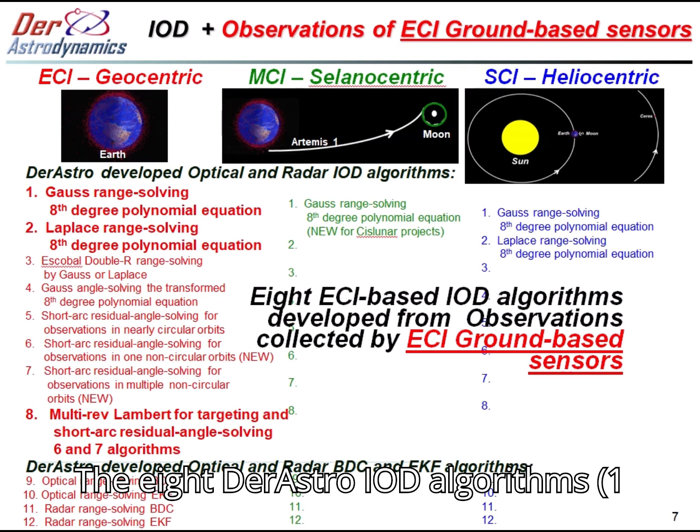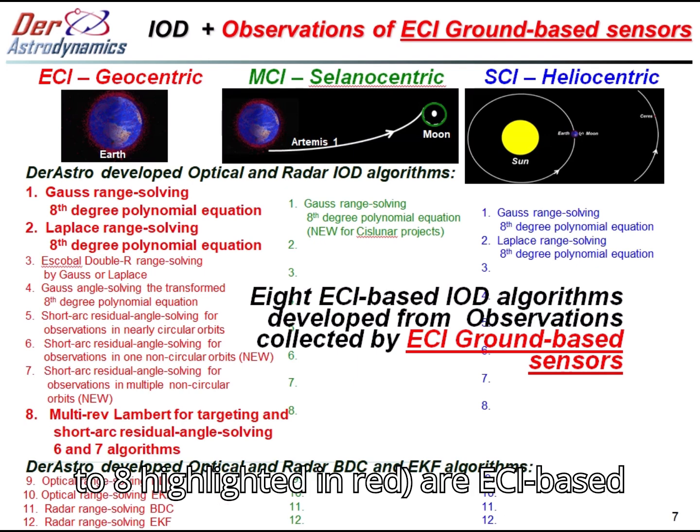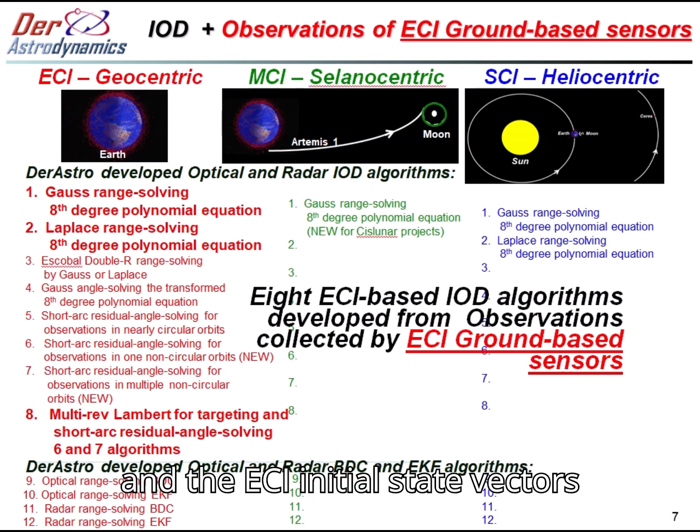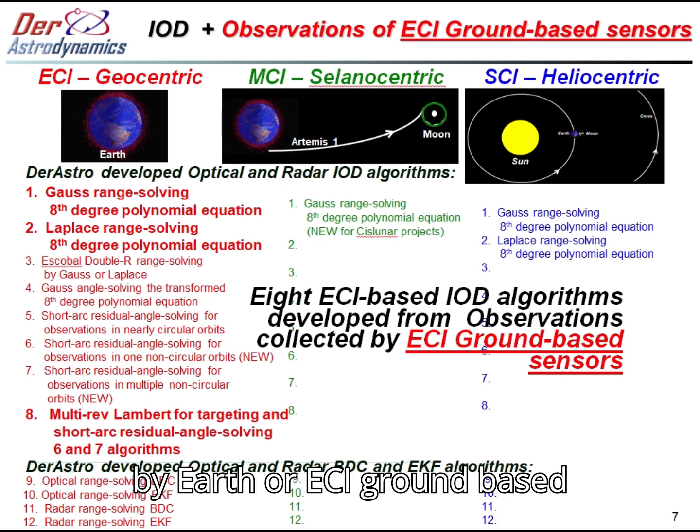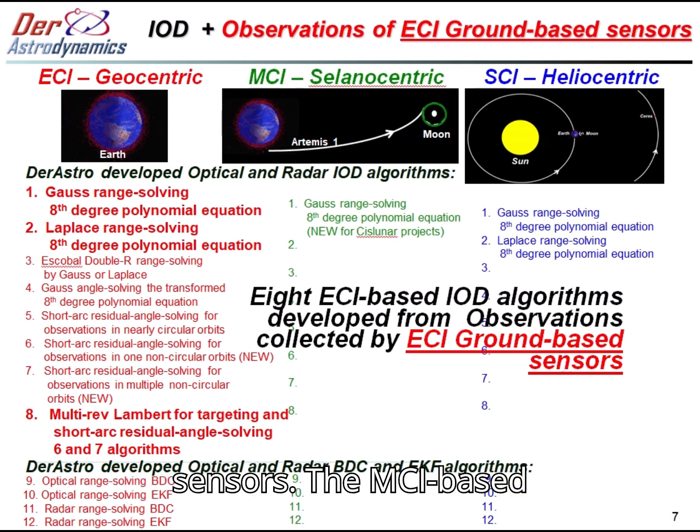The 8 Astro IOD algorithms, 1 to 8 highlighted in red, are ECI based, and the ECI initial state vectors are deduced from observations collected by Earth or ECI ground-based sensors.